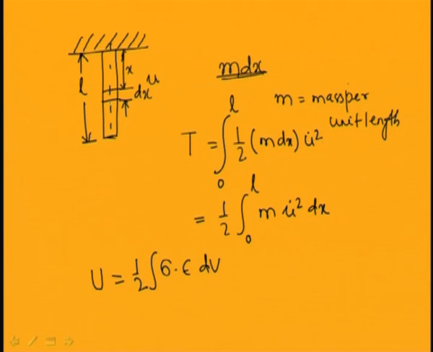In this case, stress by strain equals Young's modulus E. Already we know that if u is the displacement, then the strain epsilon will be equal to del u by del x.